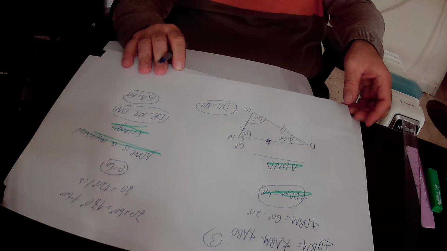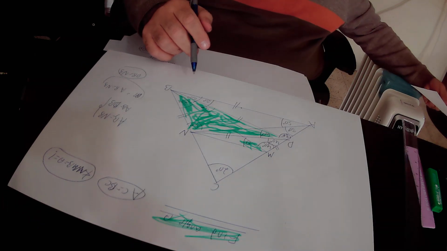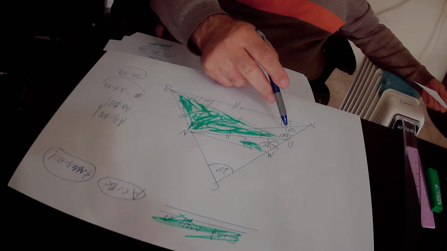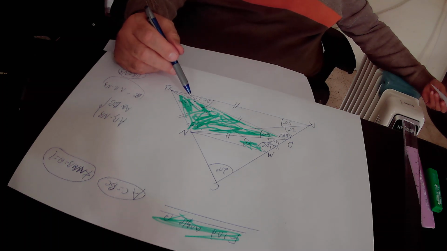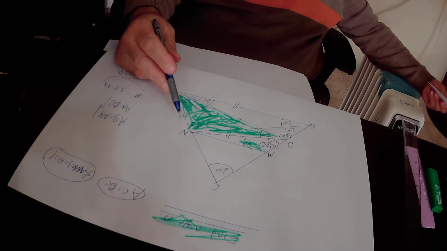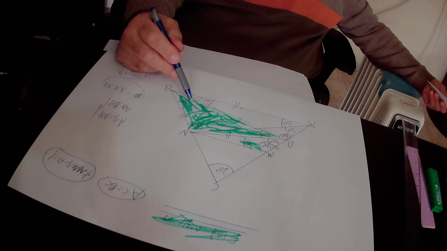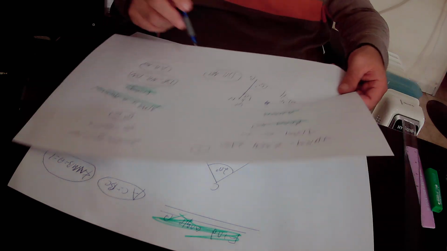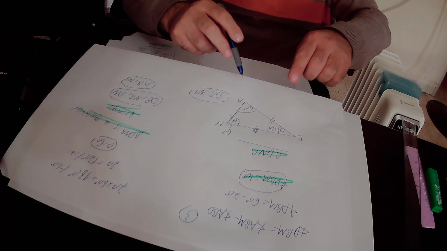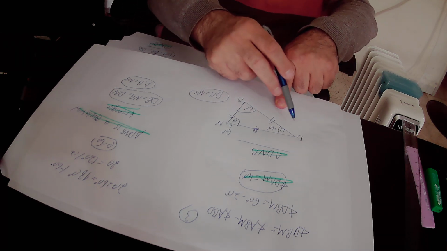So, in the red triangle NDB, this angle ABD equals 40 plus 20, that is 60. This angle equals 60 degrees, and we know that DB equals DN.